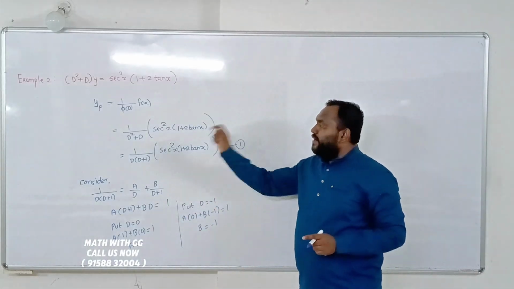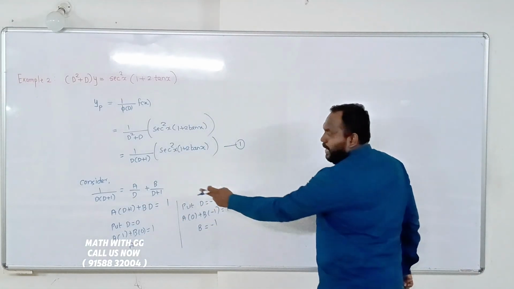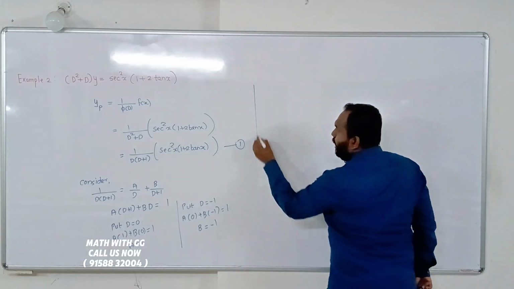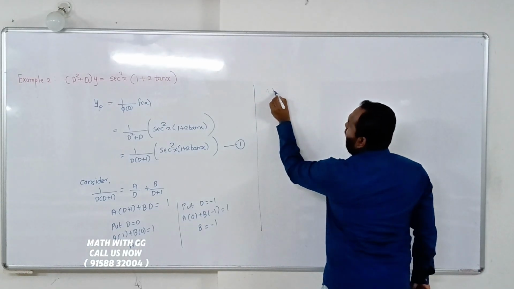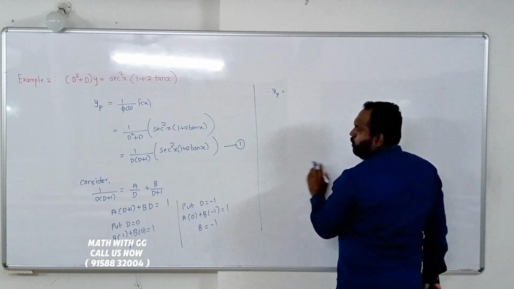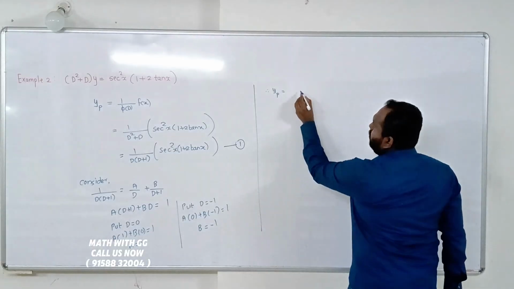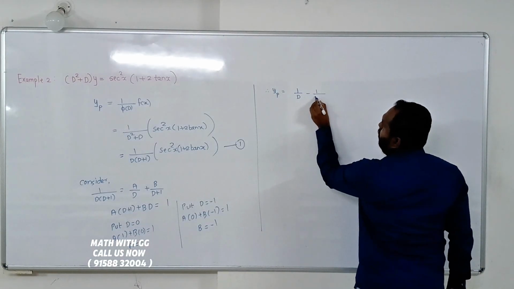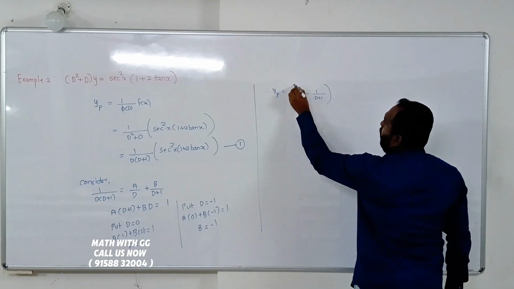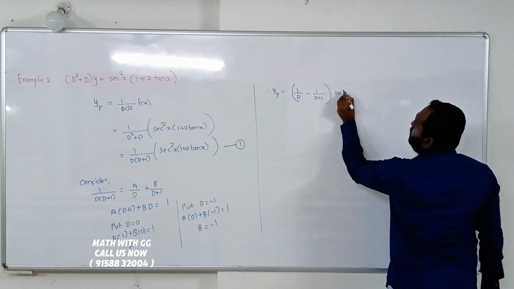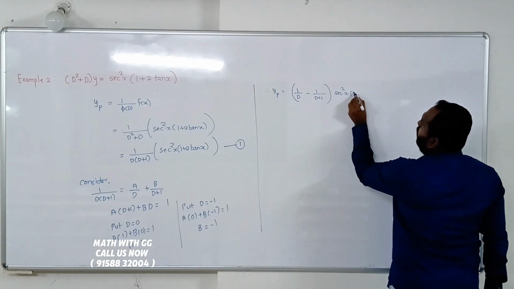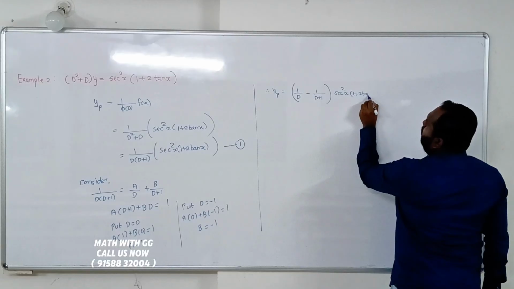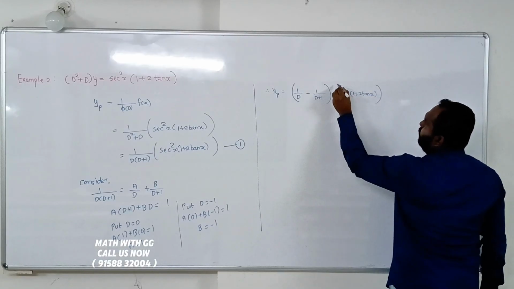Now let's substitute these values back in equation number 1. Therefore, we get YP. Now A is 1, so 1 upon D, B is minus 1 upon (D plus 1), into sec square x into (1 plus 2 tan x).